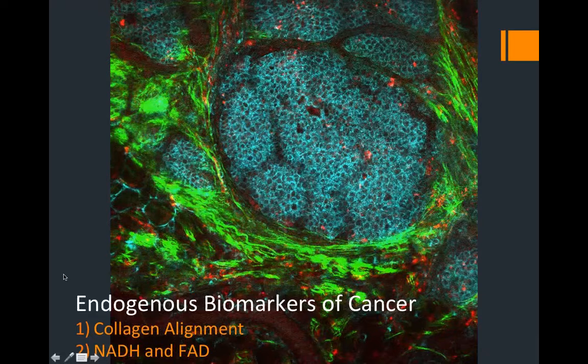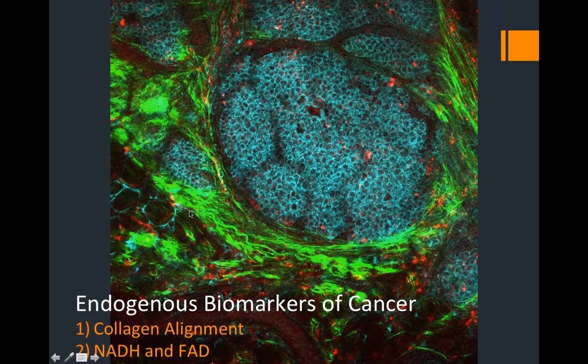So I'd like to start off these talks with this image. Kind of sums up a lot of what we do. What you're observing here is the tumor microenvironment, and what you can see here is the blue cells are actually the breast tumor in a live animal model, and the red cells are components of the tumor stroma area, and then we also have these green collagen fibers, and this is what really makes up a lot of the tumor microenvironment.